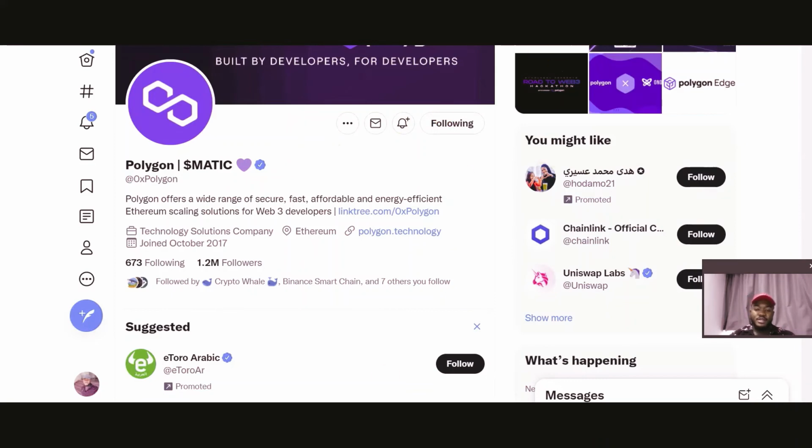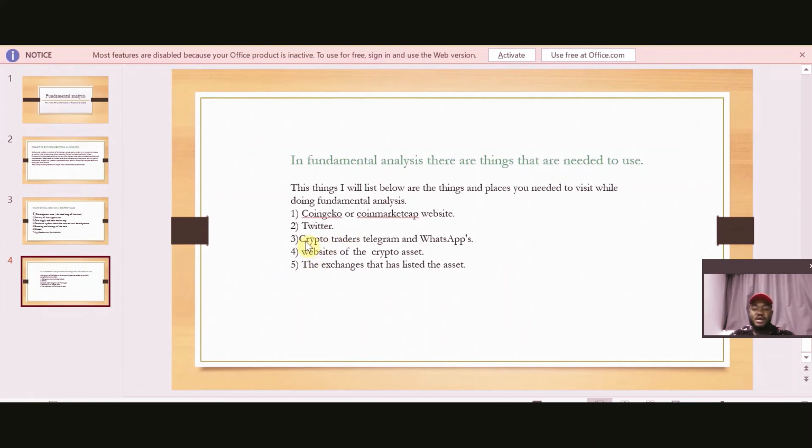Very important, guys. So next one we have here is Crypto Traders Telegram and WhatsApp groups. I have said this one before. You have to follow Binance Maxius Africa. Most of you are not there. You have to follow Binance Nigeria.